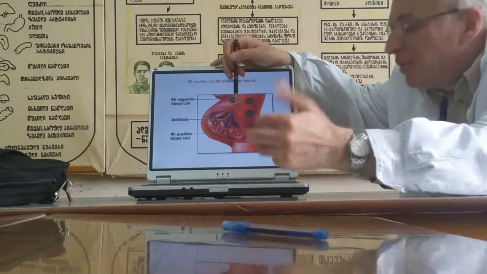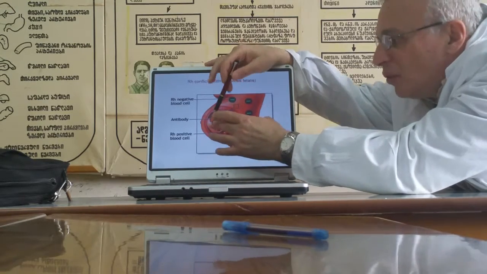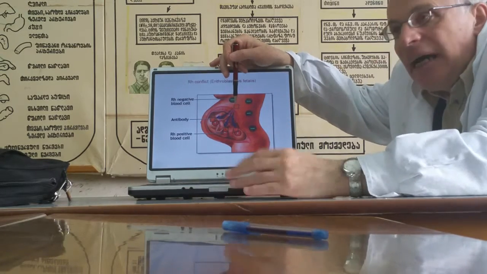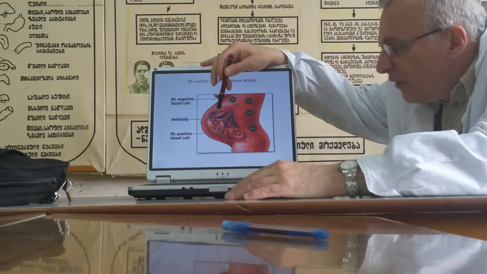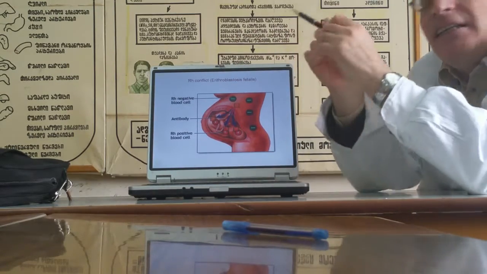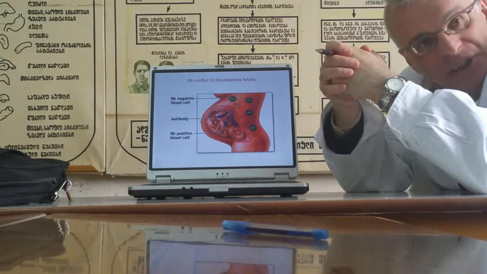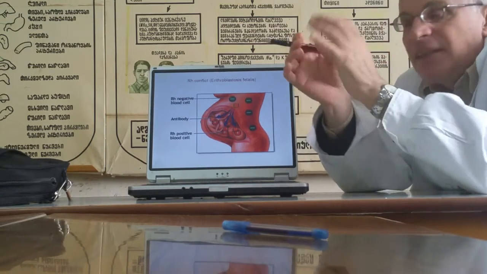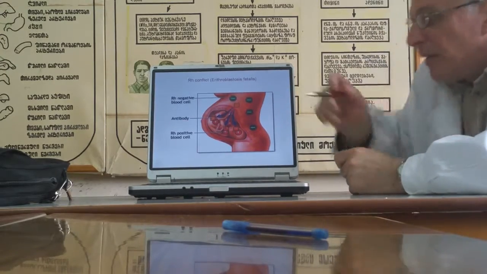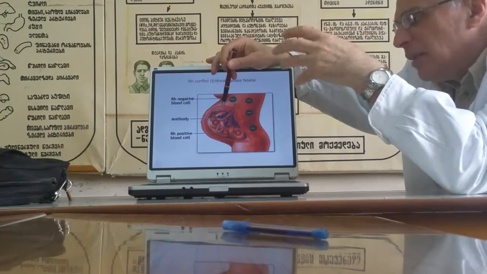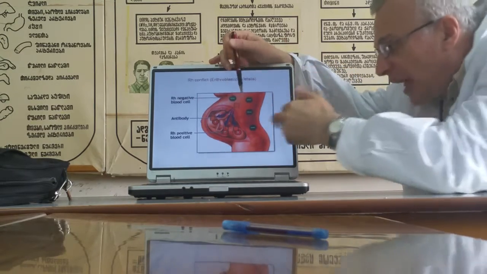The mother starts producing anti-rhesus factor agglutinins, antibodies against it. These antibodies move to the fetus and agglutinate the fetal blood, because they meet the rhesus factor agglutinogens in the fetal blood. It is dangerous for the fetus, especially at the last stages of pregnancy, because first of all time is needed for maturation of the fetus, and also for production of these antibodies.